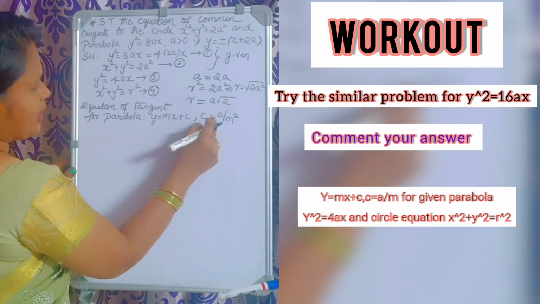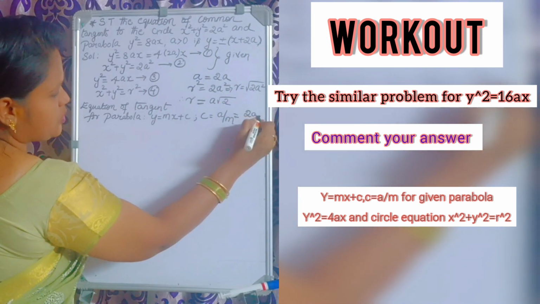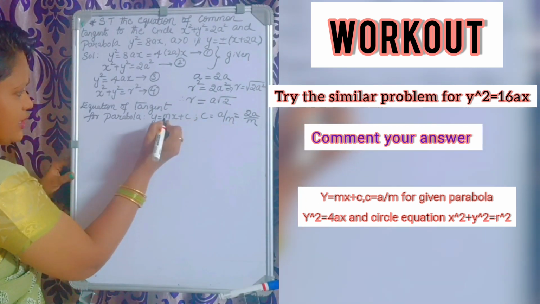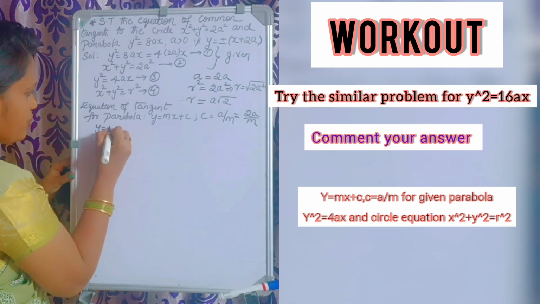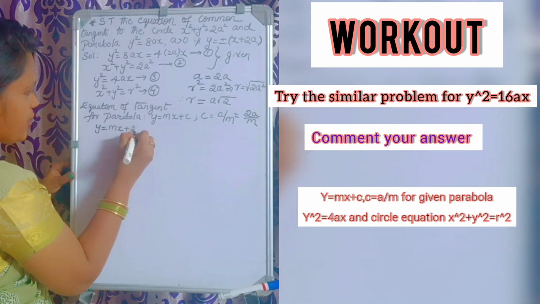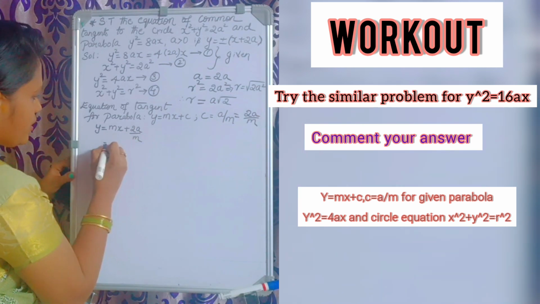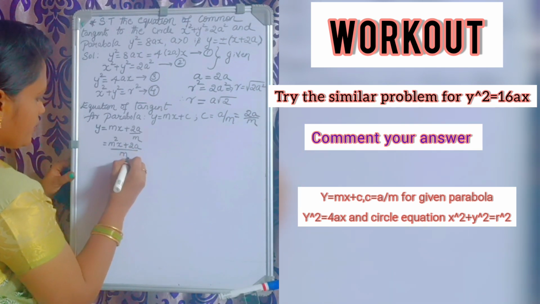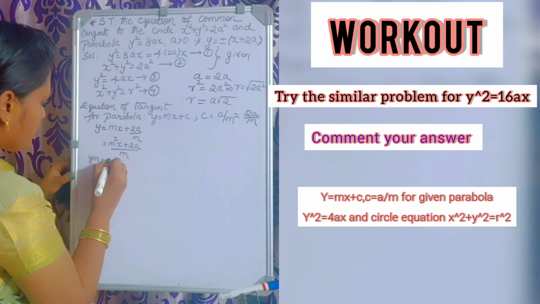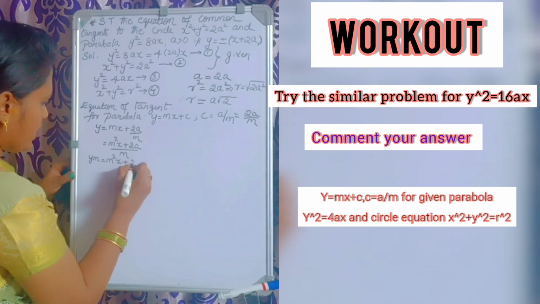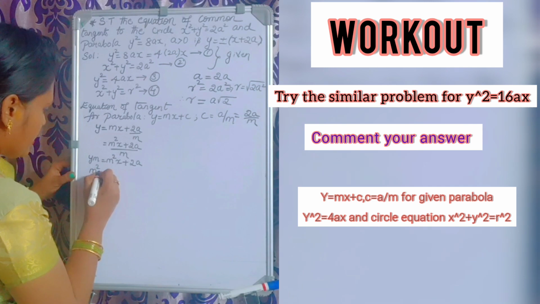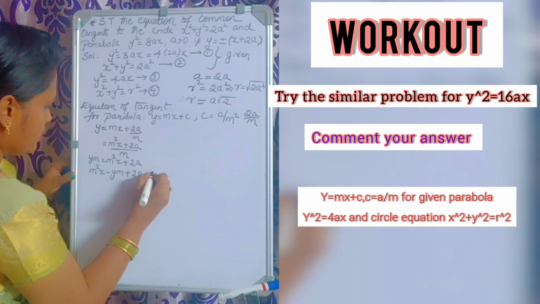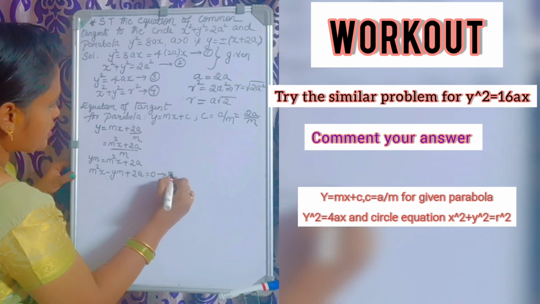But here a is 2a, so it is 2a by m. Now substituting these values here, we get y is equal to mx plus 2a by m, or ym is equal to m square x plus 2a, or m square x minus ym plus 2a is equal to 0. I call this equation 5.